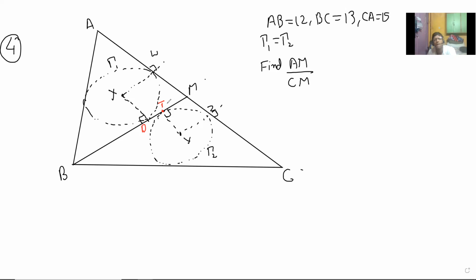Okay, cool. Okay, so then how do we find AM? Sorry, DM and TM, yeah, but if they touch each other, but they don't touch each other, right?